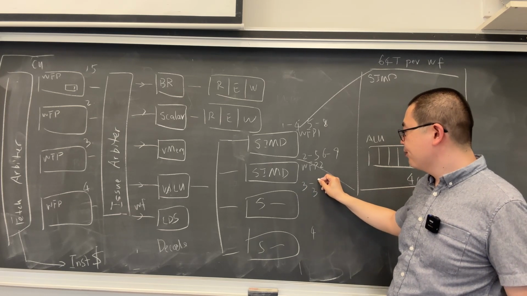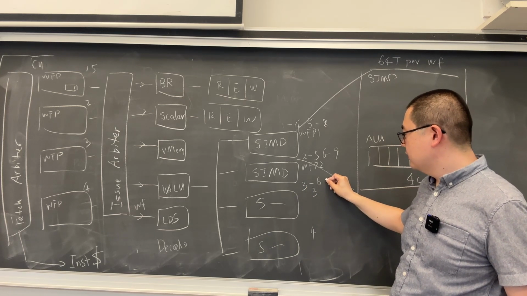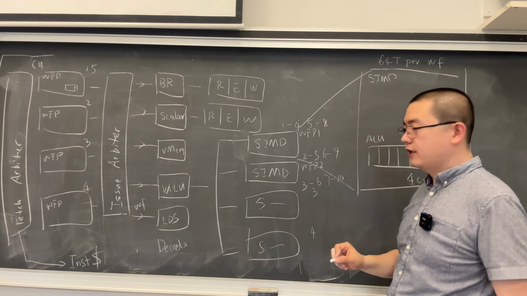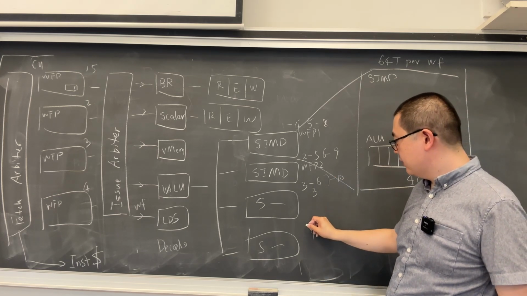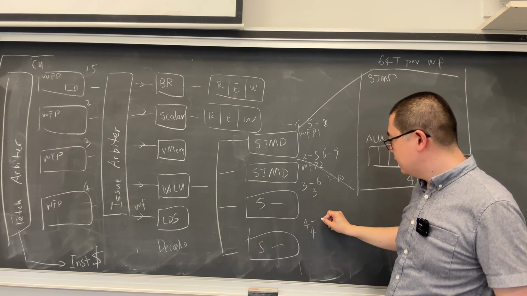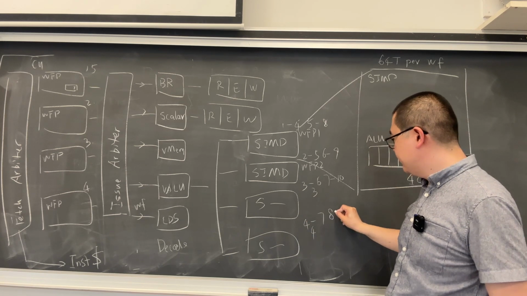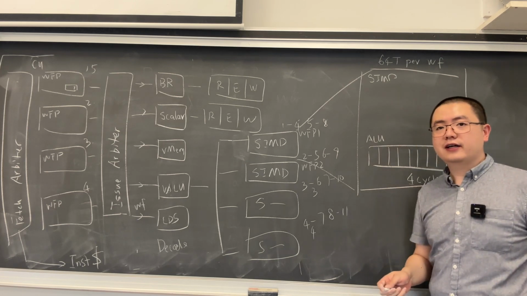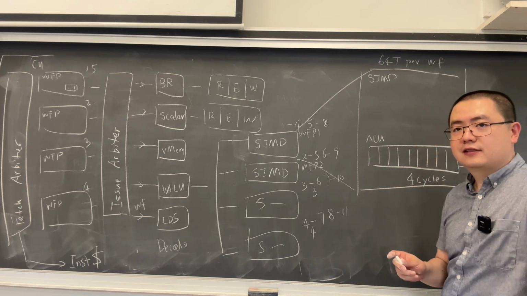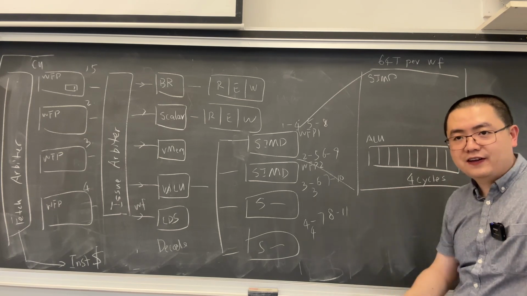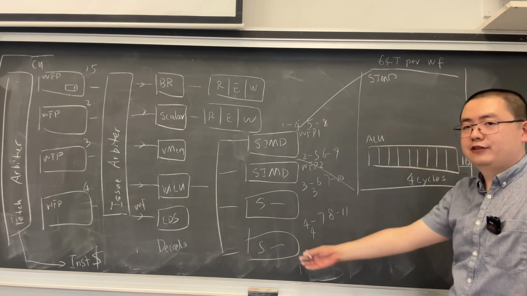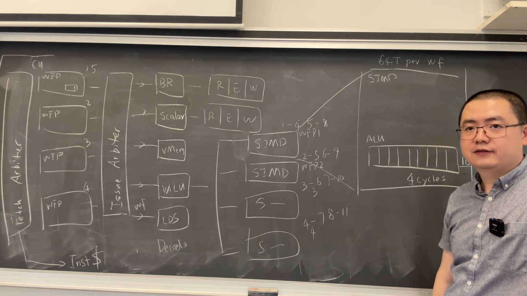In cycle 6, we finish. In cycle 7, we run. In cycle 10, we finish. Here also in cycle 4, we start. In cycle 7, we end. 8 to 11. Okay, so in theory, if you only have ALU instructions and everything is working perfectly and you fetch fast enough, you can have 100% utilization of the SIMD unit.